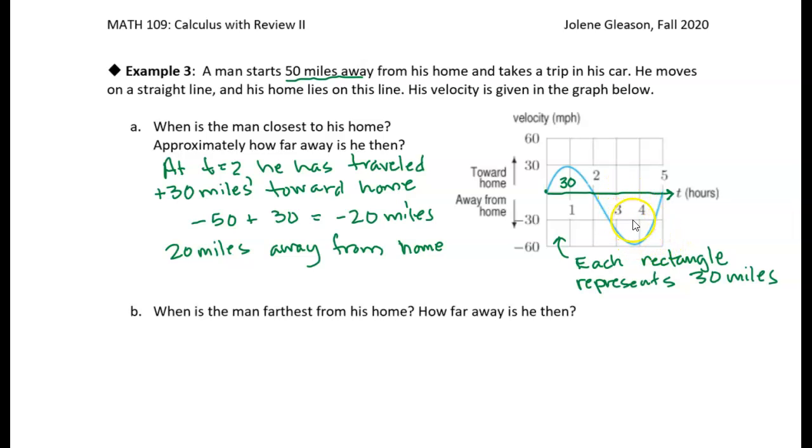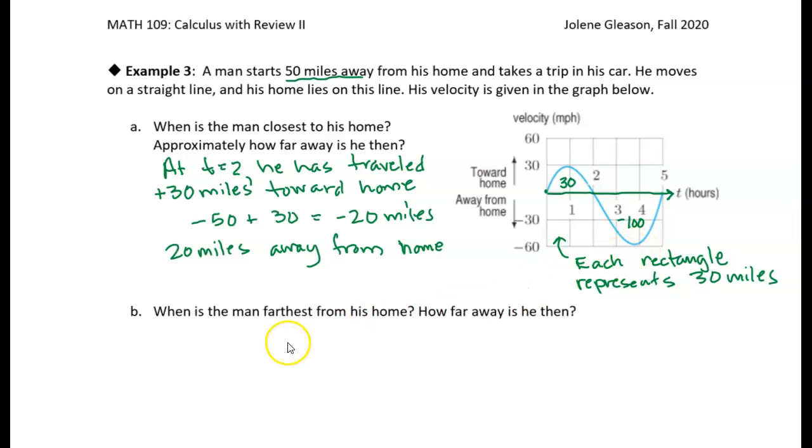Each one represents 30 miles. And so if I estimate here, there's 30, 60, 90, maybe about 100 miles. I'm going to say it's 100 miles, but it's a negative 100 miles because he's moving away from home.